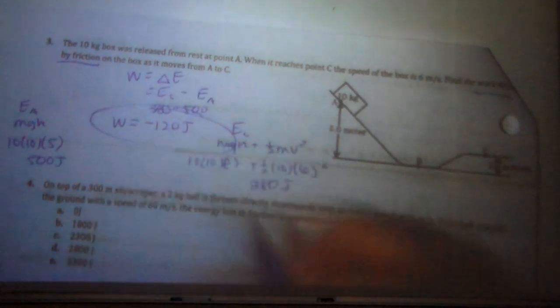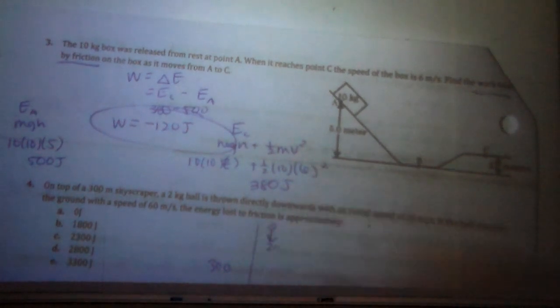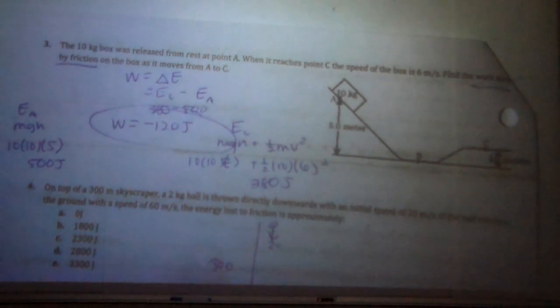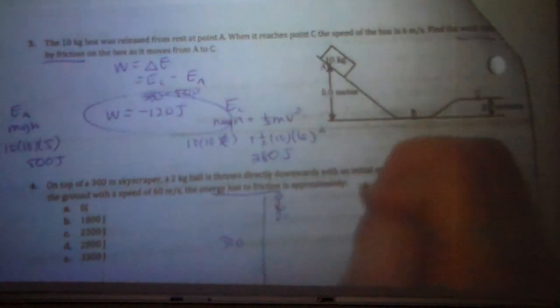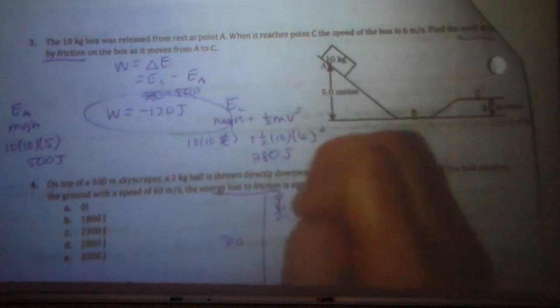Alright, 300 meter high skyscraper. This is thrown down with an initial speed of 20, and then it hits the ground with the speed of 60. Energy lost to friction, so this is the change in energy, so energy at B minus energy at A. I'm going to call this my A and my B. At A, you have potential and kinetic.